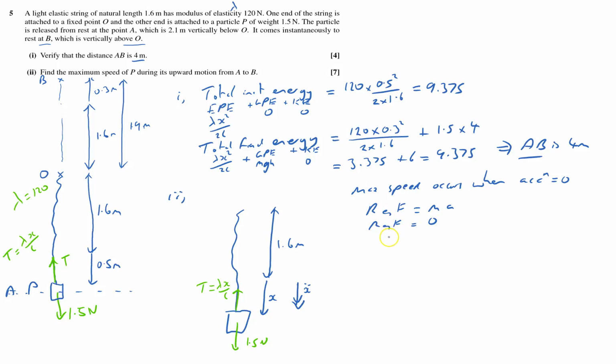And so lambda x over L must equal 1.5. So that's 120 times x over 1.6 equals 1.5, and that works out that x equals 0.02. And so that is the extension, which is a tiny bit down here. That is the extension I get when the acceleration is 0, and therefore it's at its maximum speed.